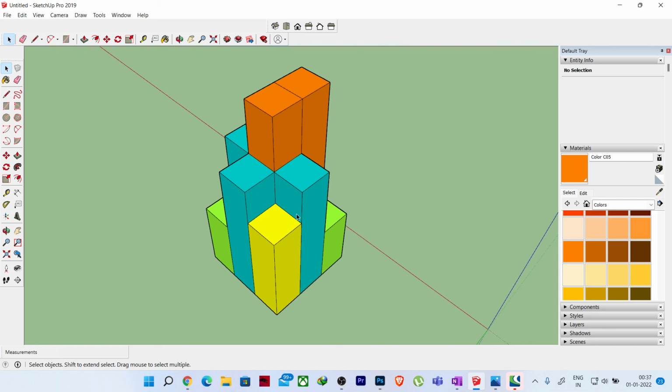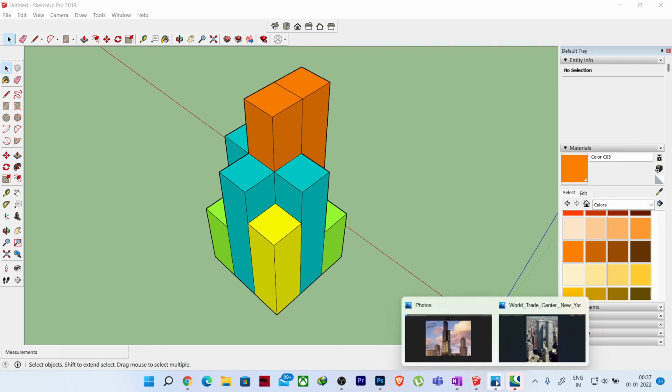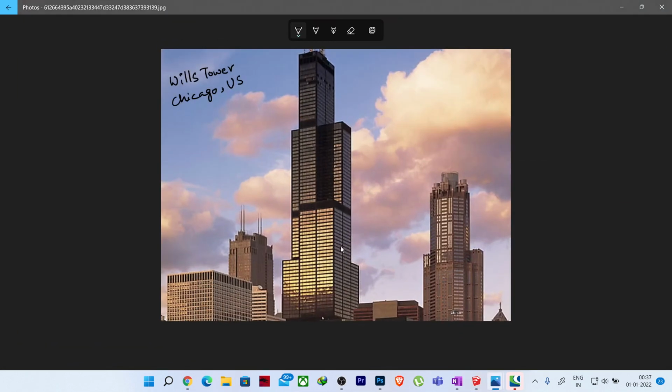Let me show you an example of a real building of this bundled tube system. Let me open this image I have downloaded from Google. This is the Willis Tower in Chicago, United States. Here you can see we have these two small areas, then this one and the other one on the other side, then these two, and then they have reached the height with the middle one.